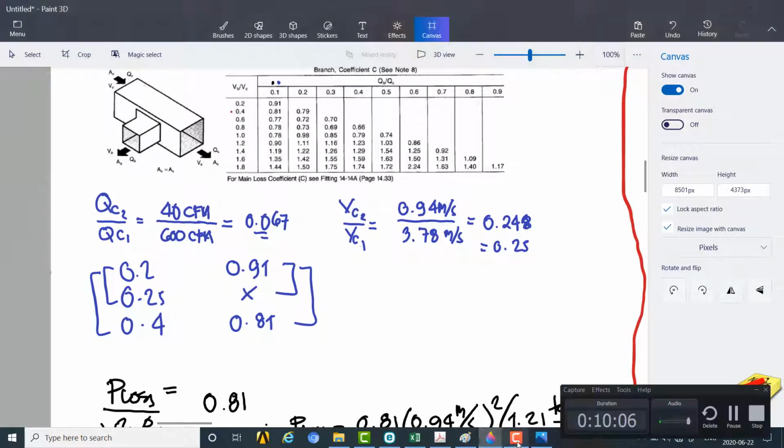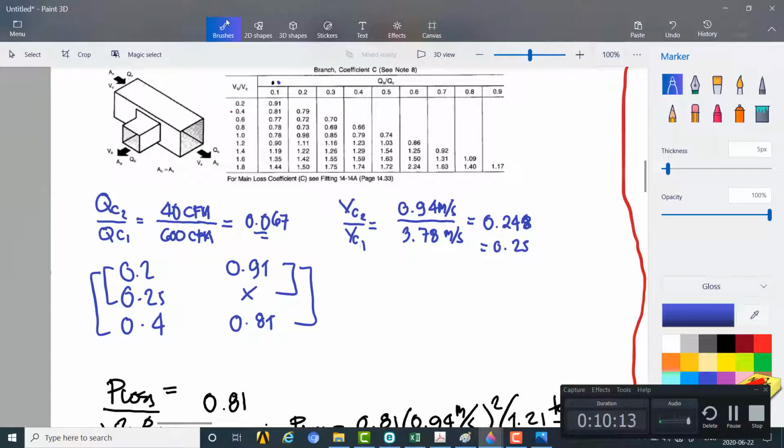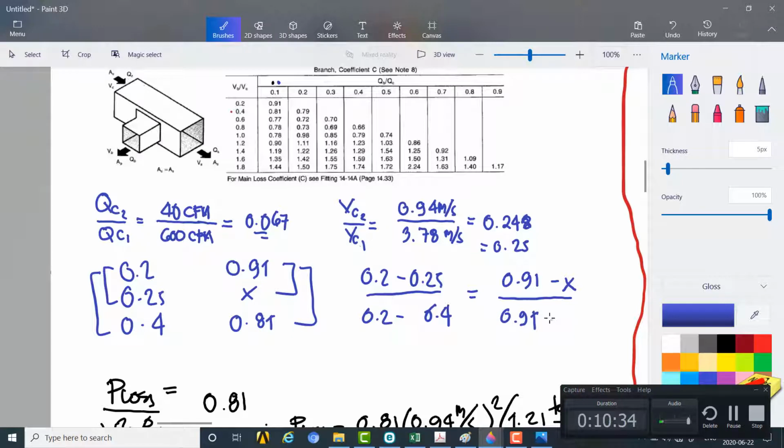So what we have here now: we have 0.2 minus 0.25, divided by 0.2 minus 0.4, that will be equal to 0.91 minus the value of x, over 0.91 minus 0.81.